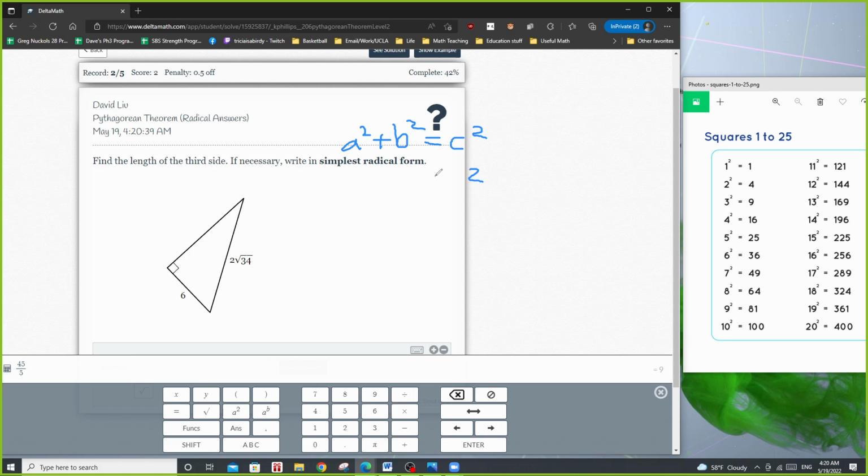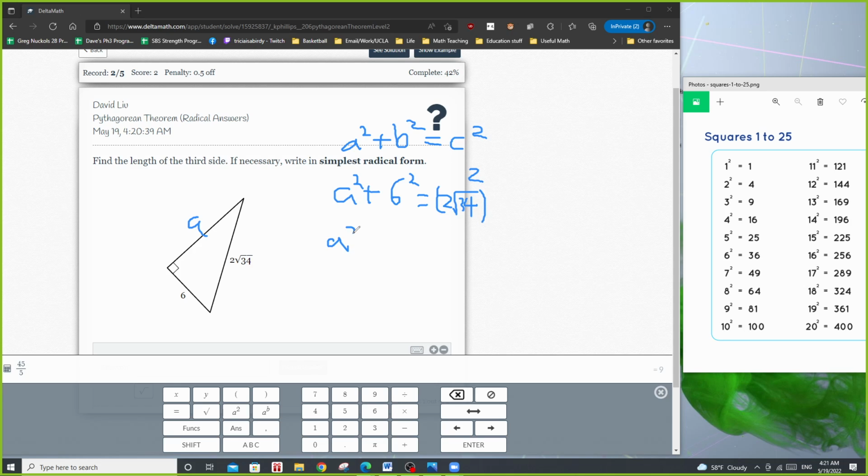So let's plug in 6 squared plus, or this time let's call this one A. So it can be A squared. Remember, it doesn't matter which one's A or B. Equals 2 rad 34 squared, okay?